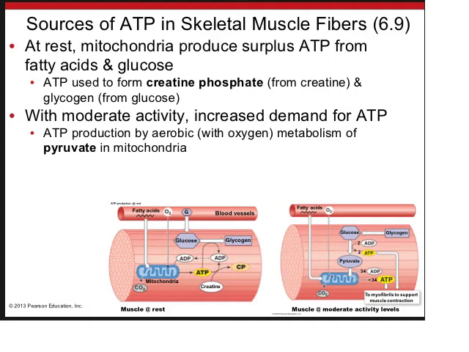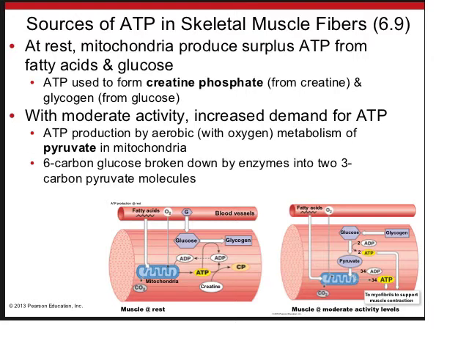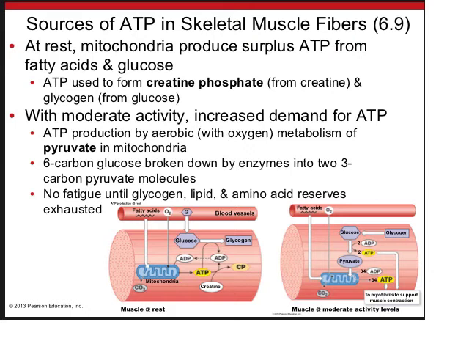That means oxygen is present, and we see metabolism of pyruvate in the mitochondria. The result is that the 6-carbon glucose molecule is broken down into 2 3-carbon pyruvates, and then the pyruvate molecule is further broken down into ultimately carbon dioxide and water.